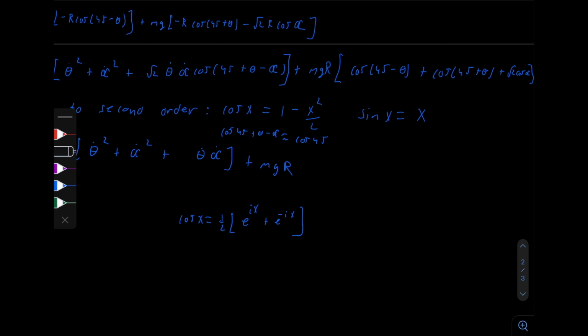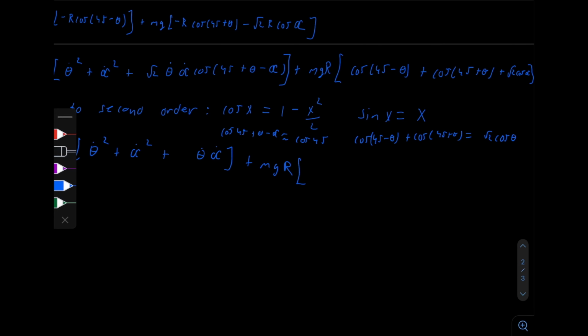You can prove this easily using that, but I'm just going to cite it here that cosine of 45 minus theta plus cosine of 45 plus theta is equal to 2 times cosine of 45, which is root 2 over 2, times cosine of theta. These cancel.